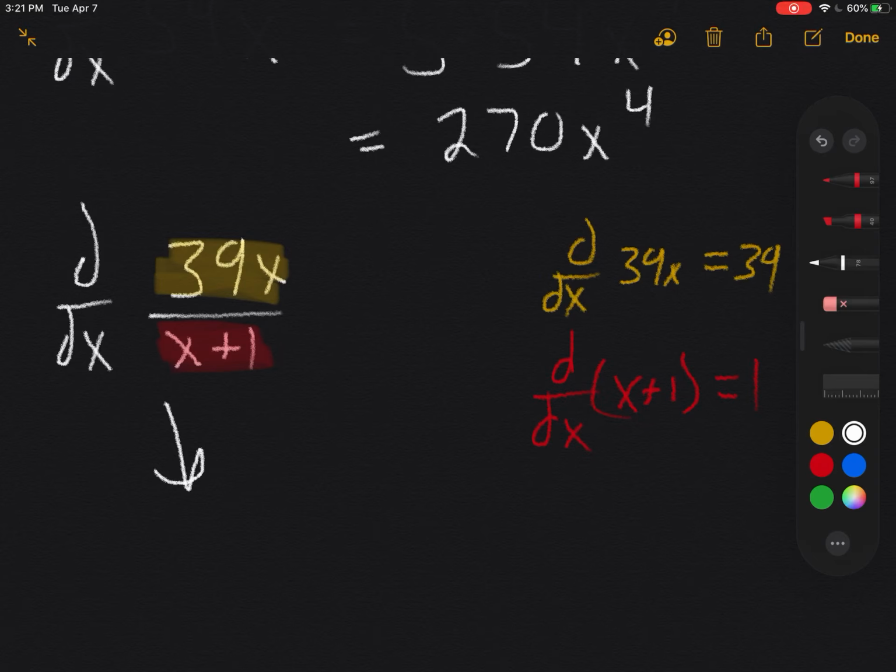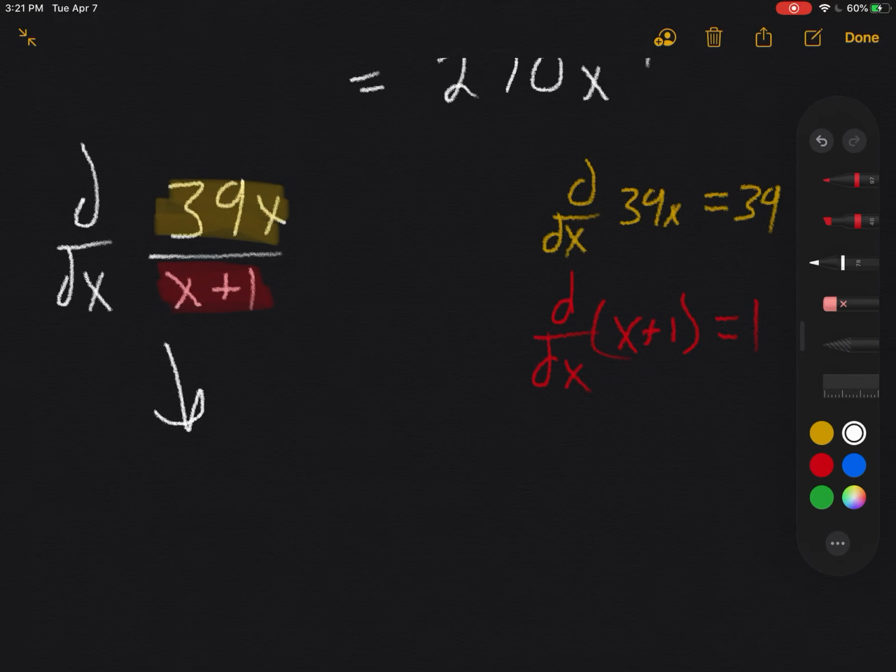I never use the quotient rule in my personal life. I always use the chain rule and the product rule together. But when I'm teaching you guys, it's important to know the quotient rule and understand it, because some people use it and you're going to need to be able to communicate with them about mathematics.